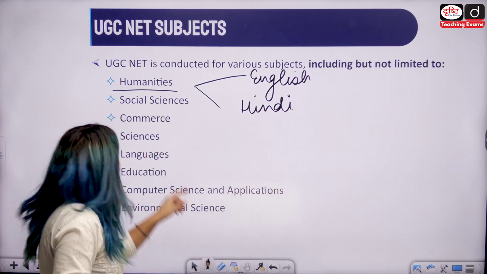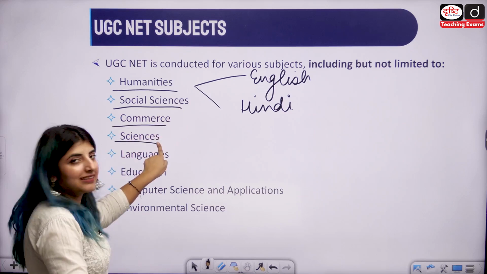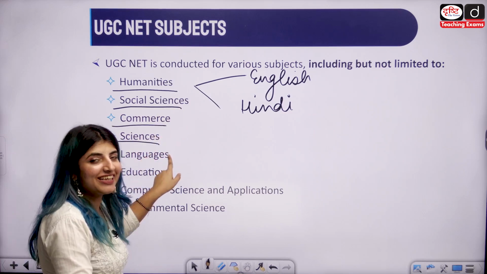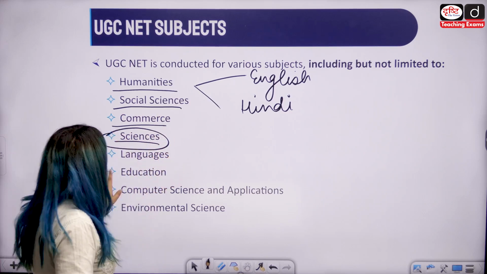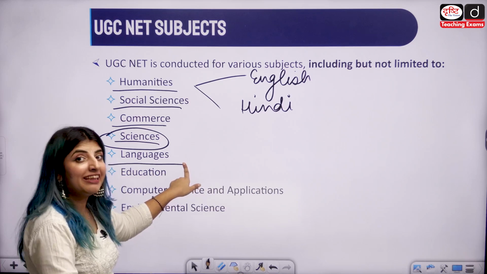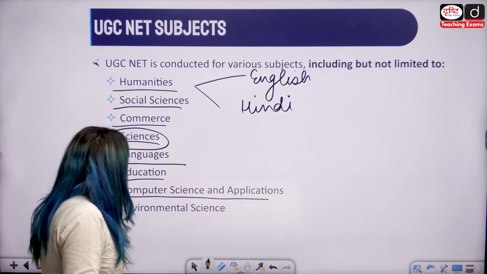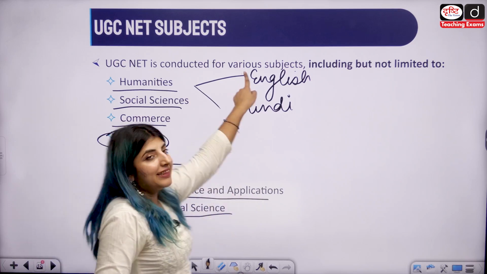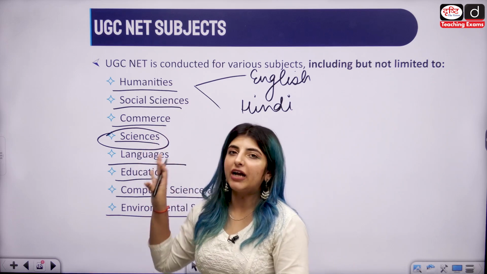We have social sciences, commerce, sciences, and not really the pure sciences, so to say, languages, Hindi, education, computer science and applications, environmental science. This is the major list of the papers which happen.